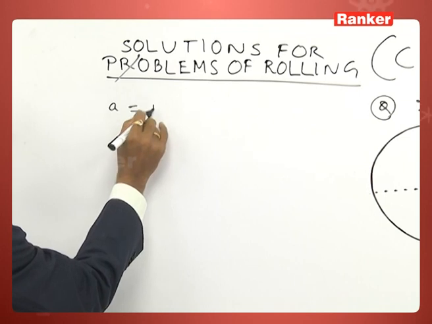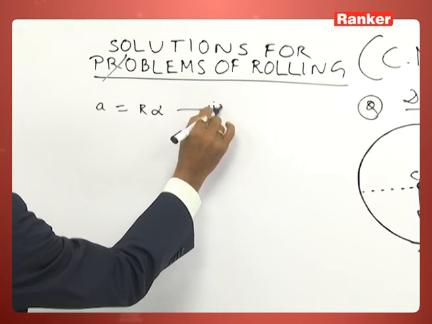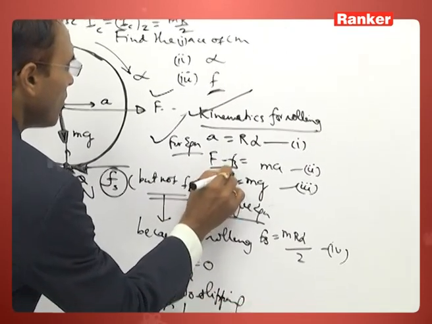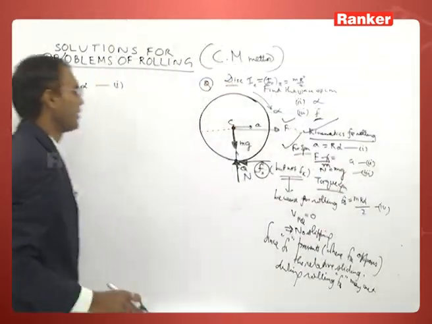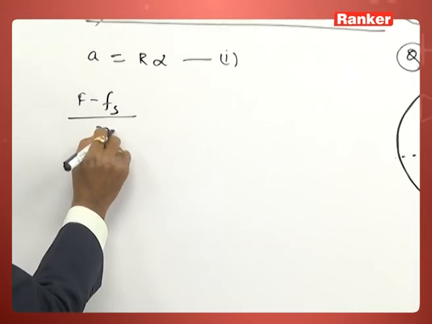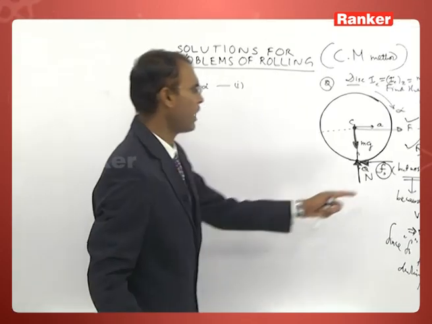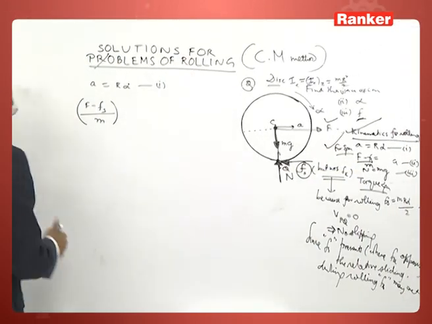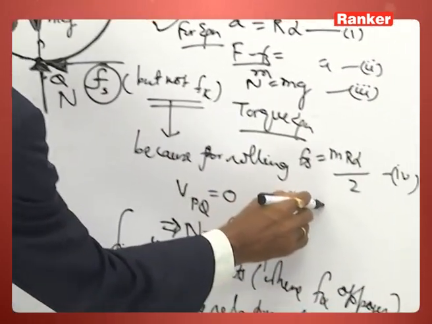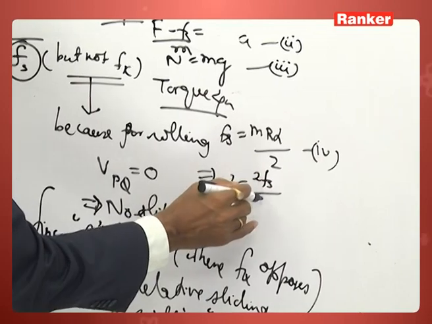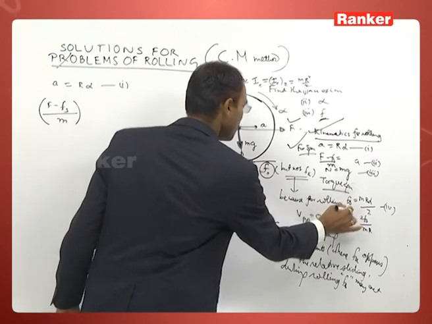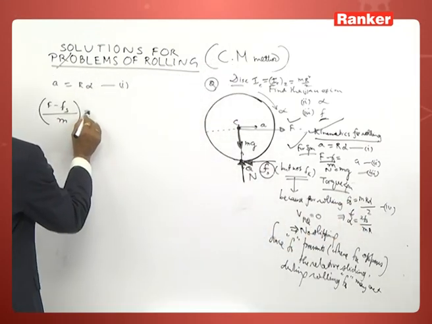A is equal to r alpha, equation 1. You substitute A is equal to F minus Fs by m from equation 2 in equation 1, and alpha is equal to 2Fs by mr from equation 4 in equation 1.